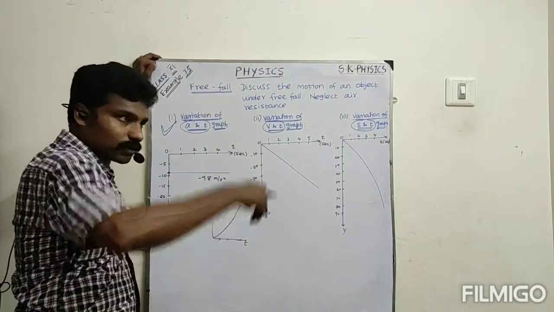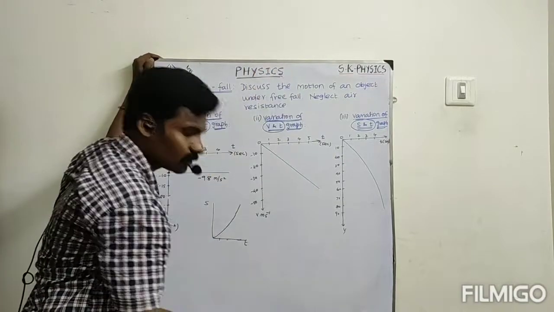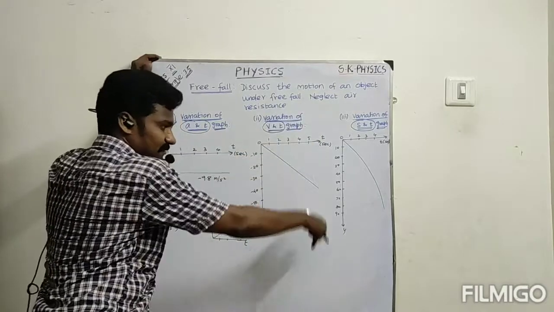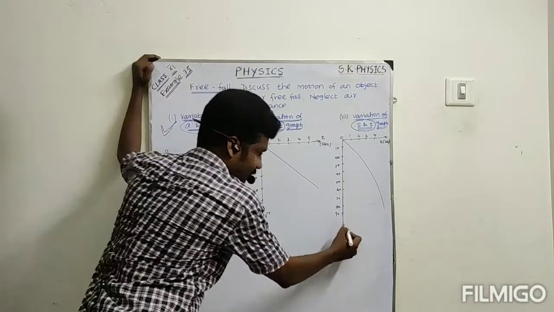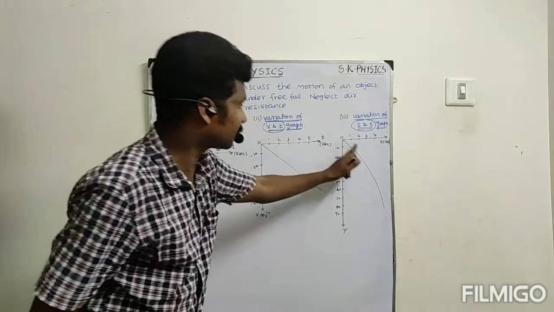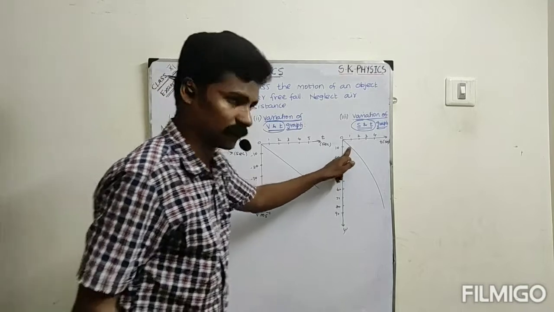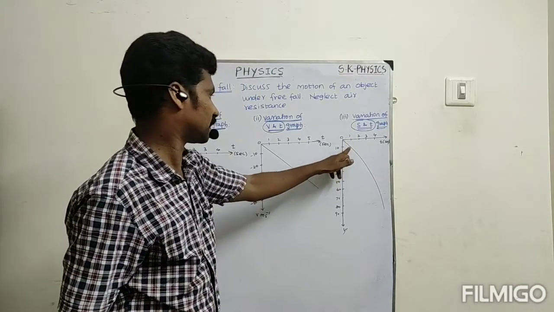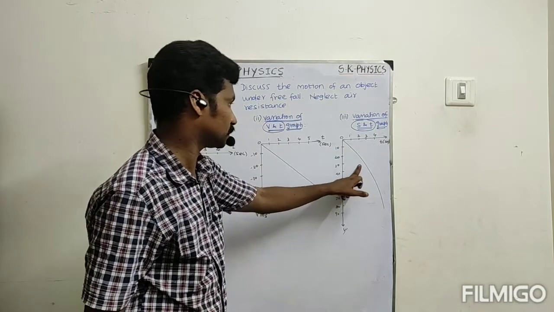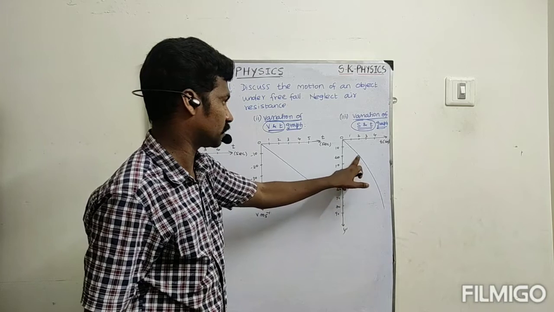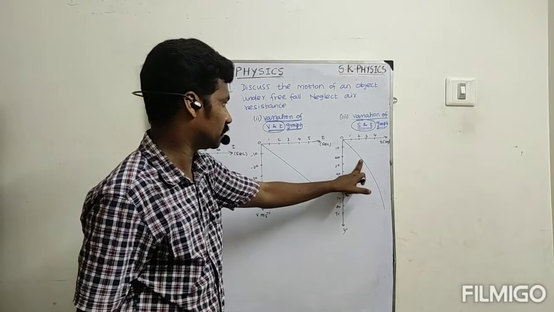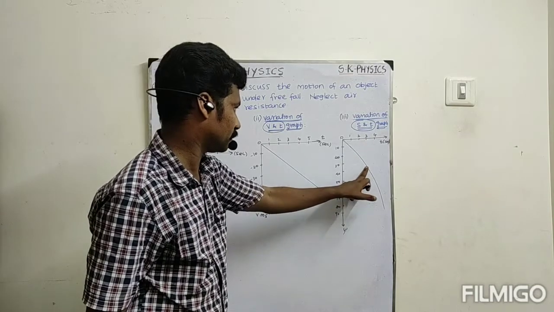Now the object is traveling in a downward direction, so for that purpose I draw the graph in the y dash. The same thing only. For understanding purposes, in the first second, for example, 10 meters. In the second, not 20 meters, maybe more than 20 meters. In the third second, more than 30 meters.